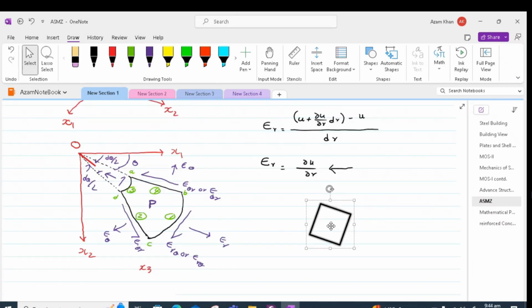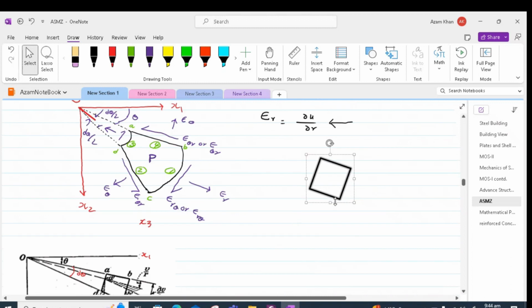That is one thing, that we have rigid body displacements in the case of tangential strains. The other thing is that because of this rigid body displacement, we have this element changing its shape in both radial and the tangential direction.